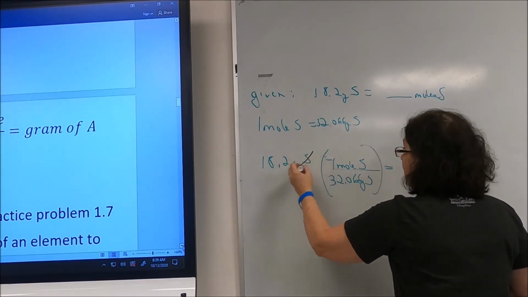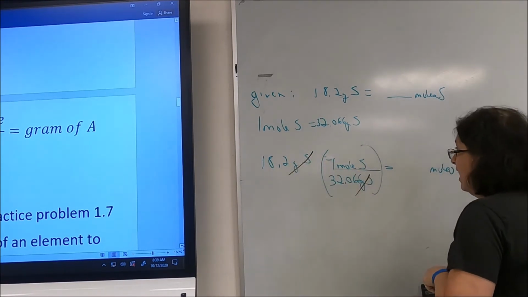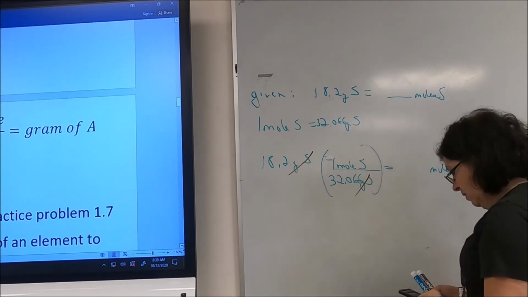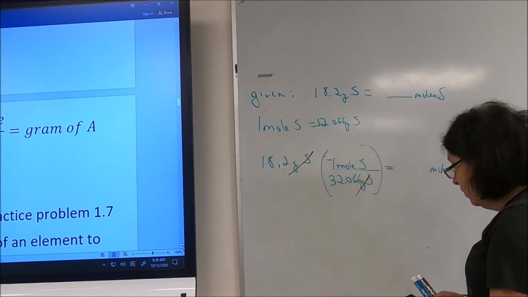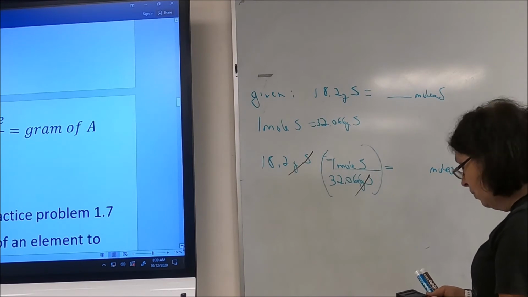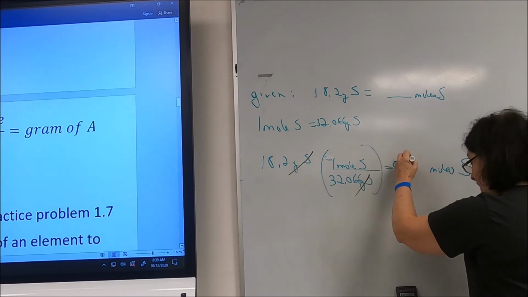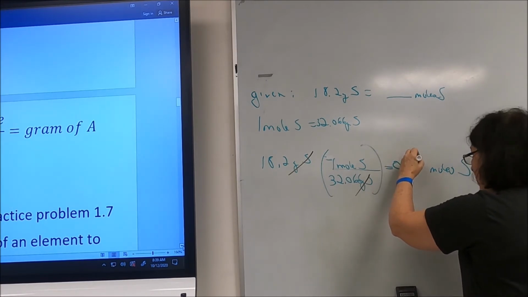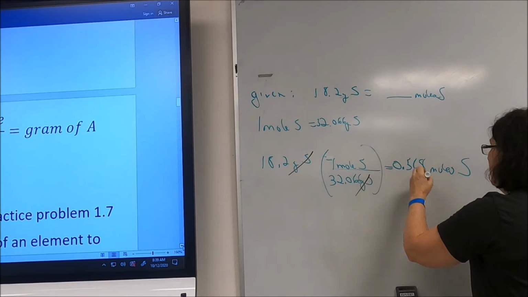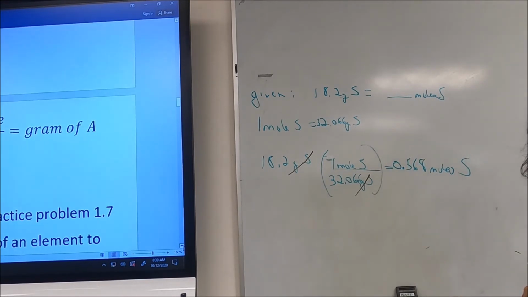So notice grams of sulfur divide out. So 18.2 divided by 32.066 gives me 0.568 moles of sulfur.